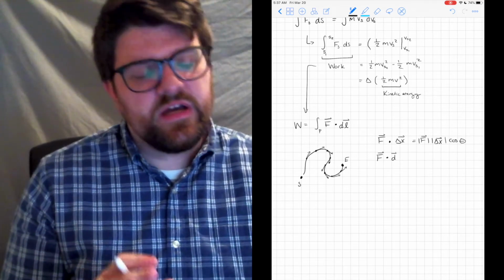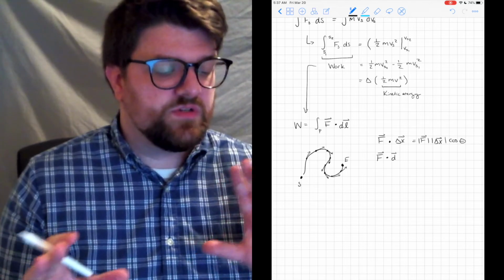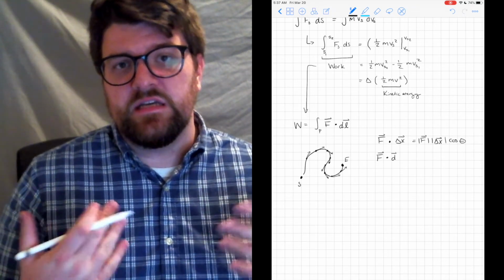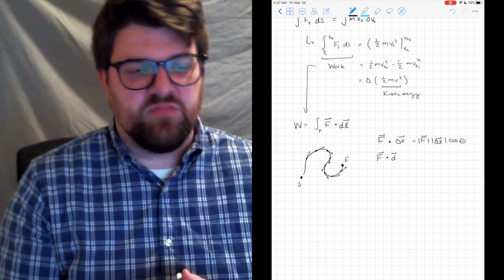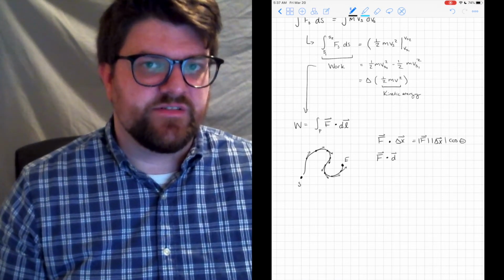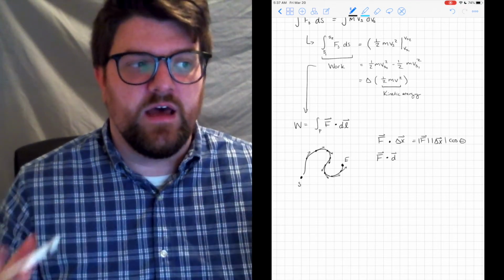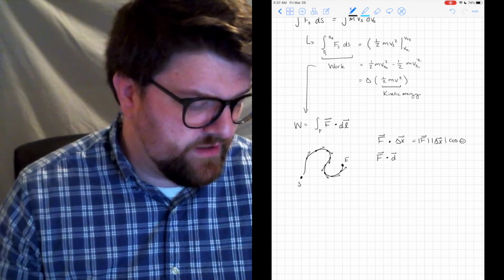So these are two different types of forces, conservative forces and non-conservative forces. We're going to see in a little bit how that plays into energy transfer and energy transformation within the system and within the environment around it.